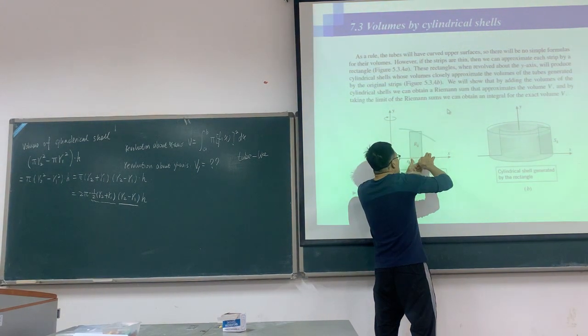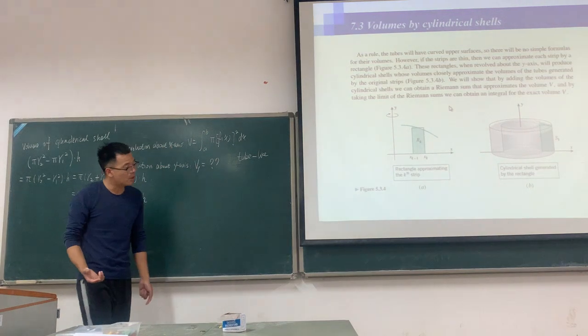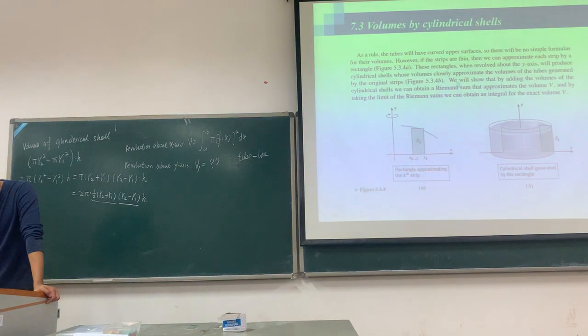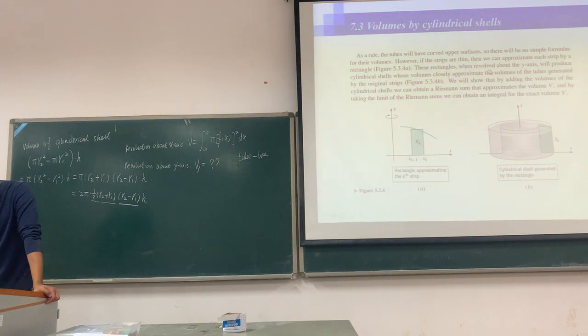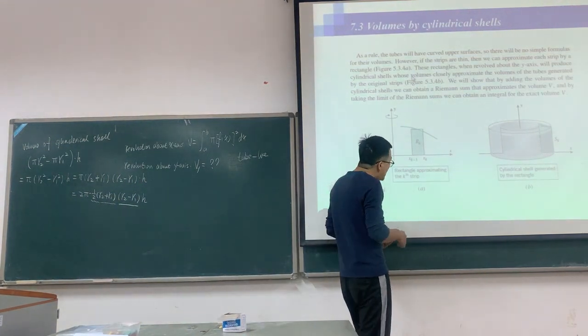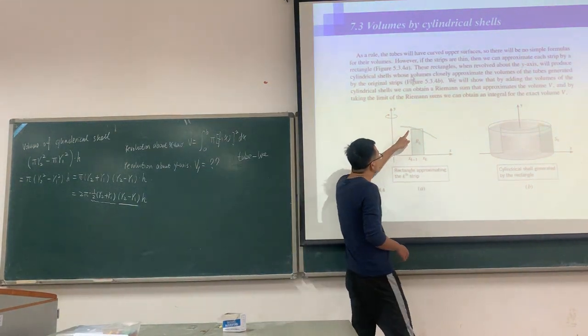When these rectangles are revolved about the y-axis, we produce cylinder shells whose volumes closely approximate the volumes of the tubes produced by the original strips. I hope you can understand this sentence. Here this is the strip.